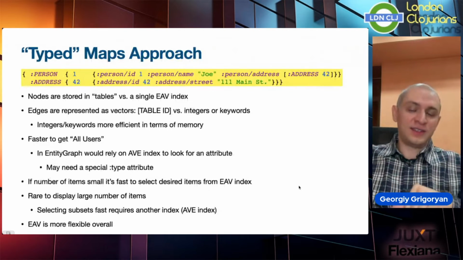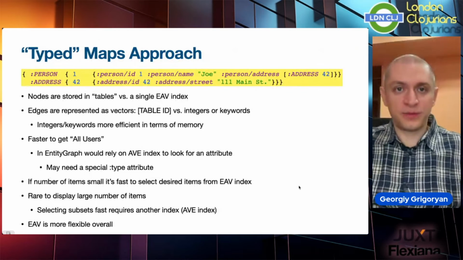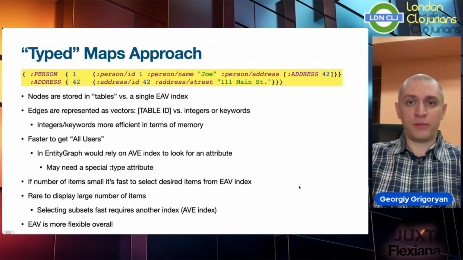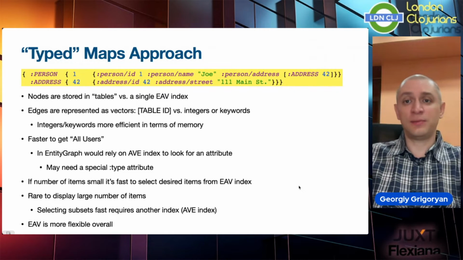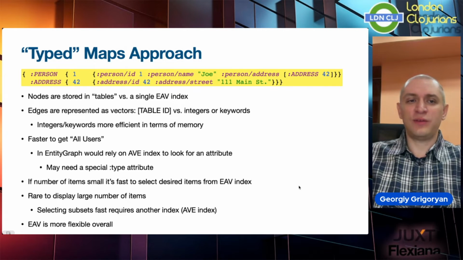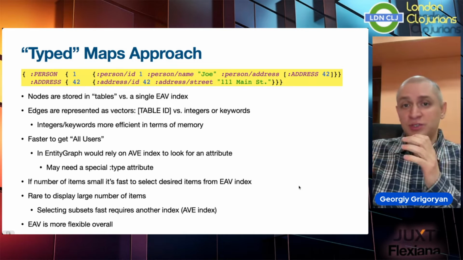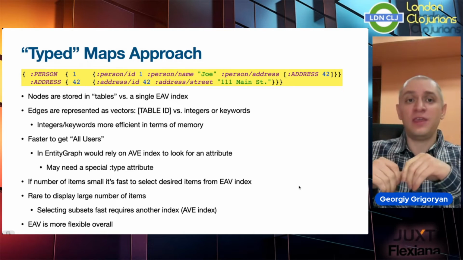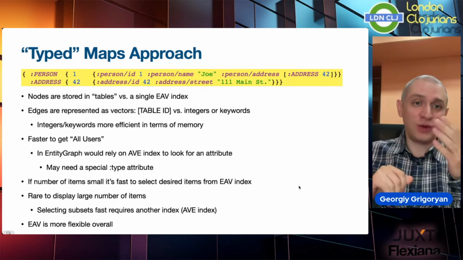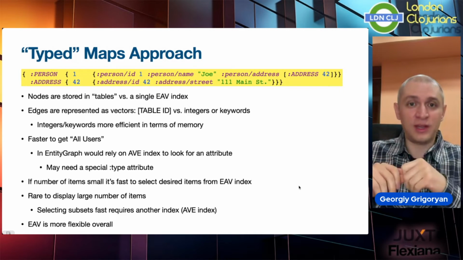So I want to contrast this now with another way that people have approached this. So this example is from Fulcro, but there are other solutions that take this approach. You can call it the typed map approach. So basically, you have nodes that are stored in quote-unquote tables versus in EntityGraph, just a single EAV index, right? So here we have person and address, quote-unquote tables.